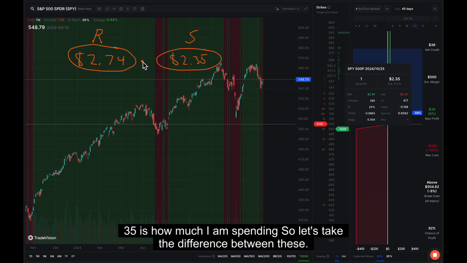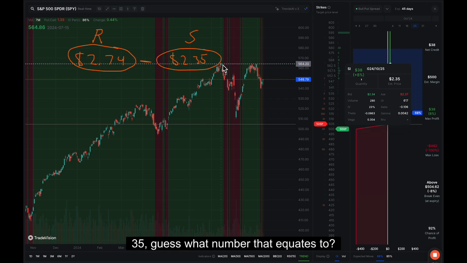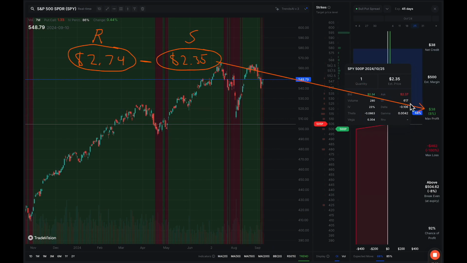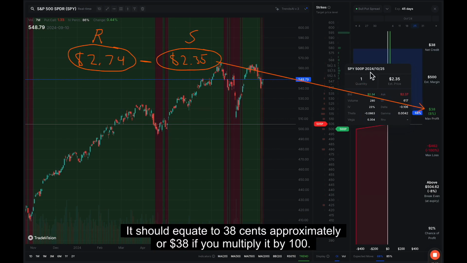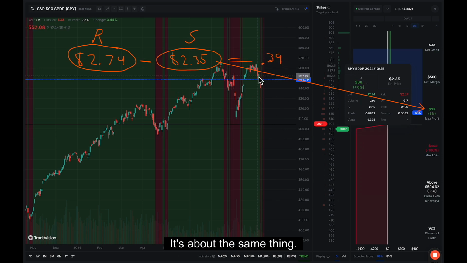Let's take the difference between these. $2.74 minus $2.35. Guess what number that equates to? It should equate to 38 cents approximately, or $38 if you multiply it by 100. I think this is actually 39, but 38 works too. It's about the same thing.